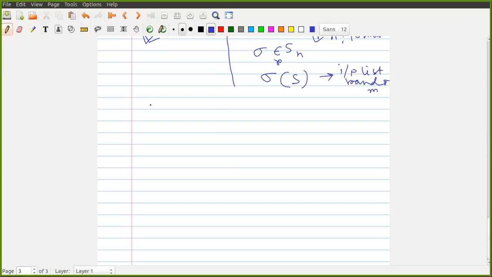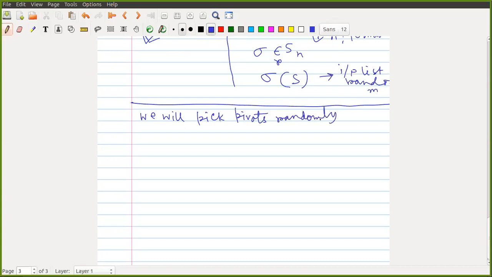Okay, so without further ado, let's go on to our analysis. The idea is that we will be picking pivots randomly, right? And we further assume that we pick pivots randomly.